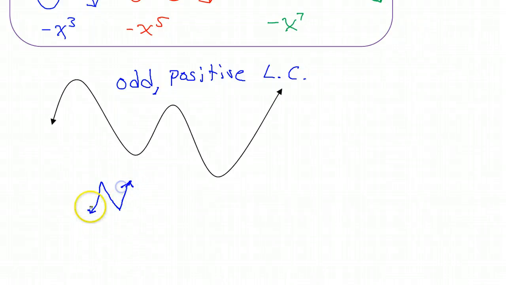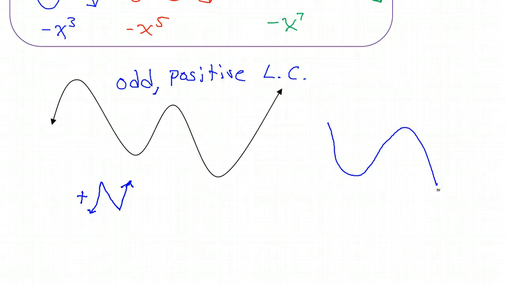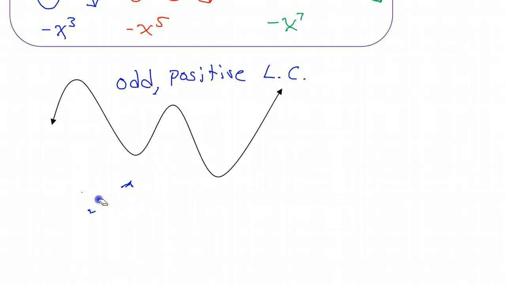A capital letter N falls on the left and rises on the right, just like this. So a right side up N is positive. That tells me that this is positive. If it had the end behavior like this, this would be the negative version, because it's like an upside down N. Boom, there it is.